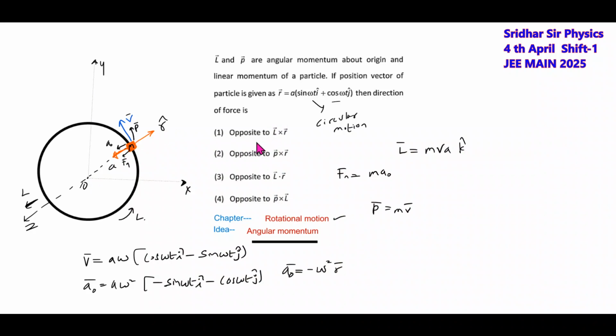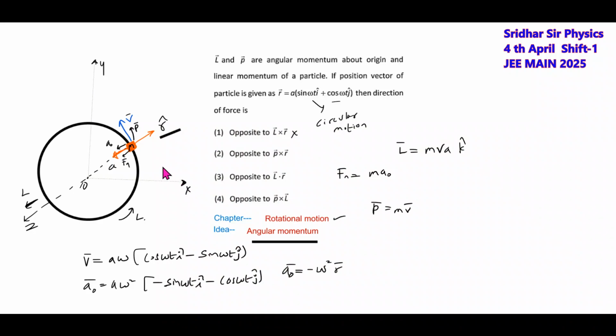One by one we'll check it. L bar cross r cap is not possible. It should be perpendicular to the plane containing L bar and r cap. Not possible.